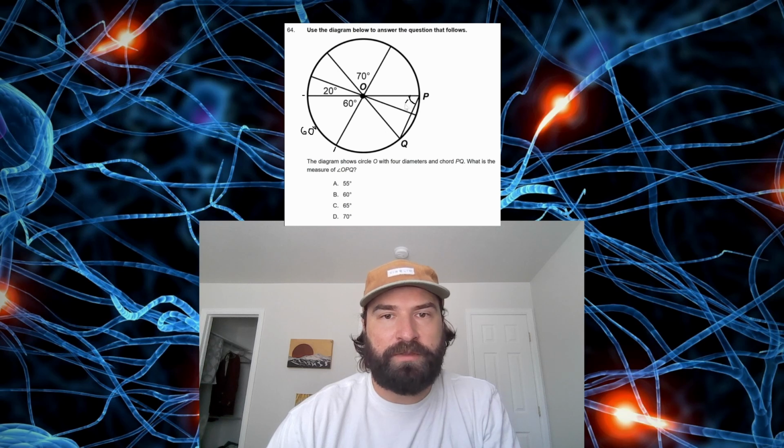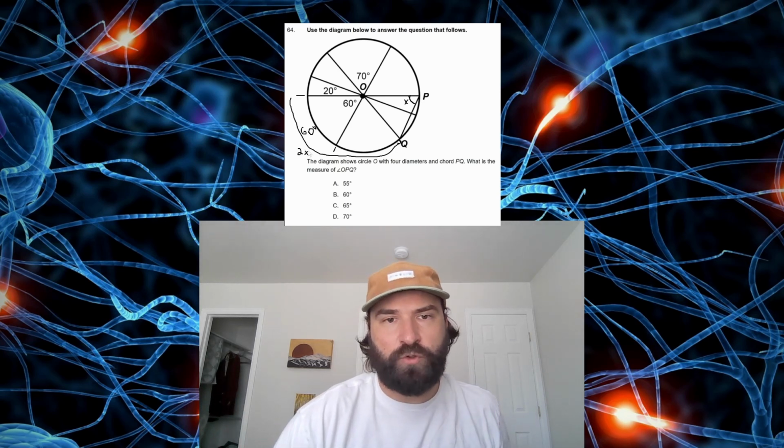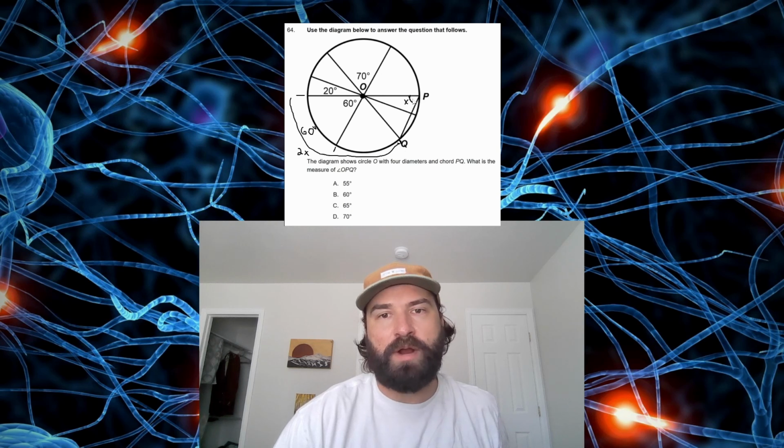So if we're calling this x, and PQ goes to here and then out to Q right here, we know that this whole arc out here is going to be 2x. That whole arc measure is twice the angle that it's inscribed by.